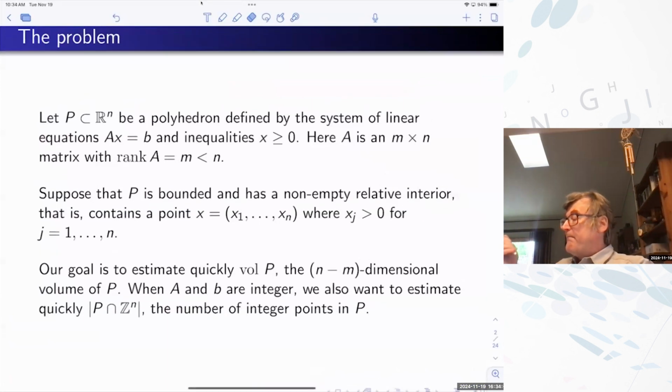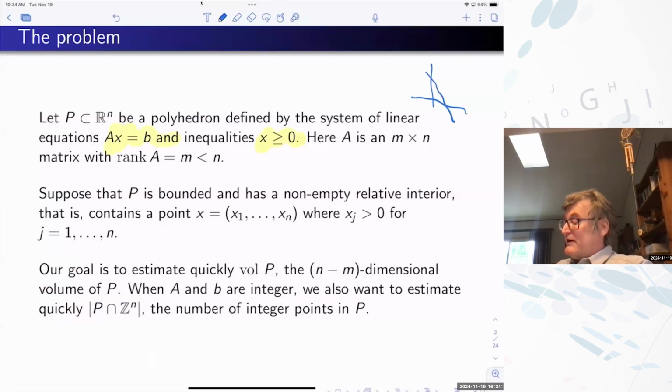Suppose I have a polyhedron defined by a system of linear equations and coordinate inequalities. Geometrically, it is just the intersection of the non-negative orthant with an affine subspace.